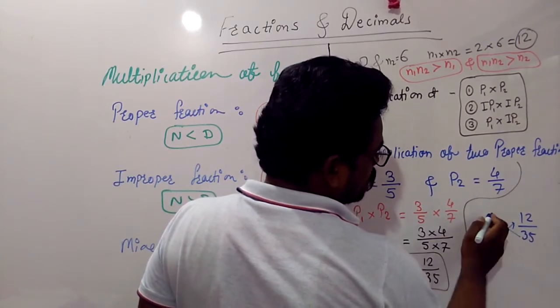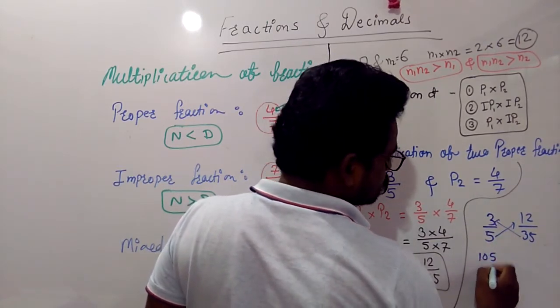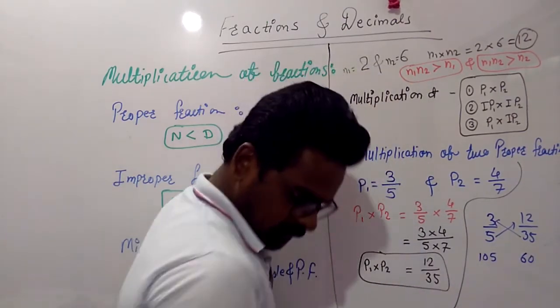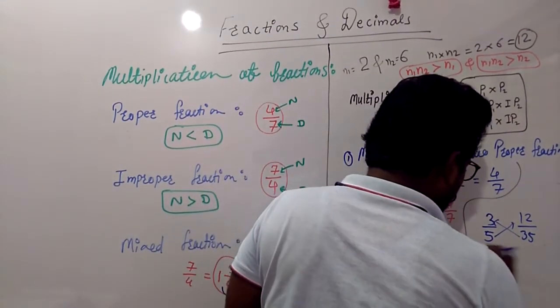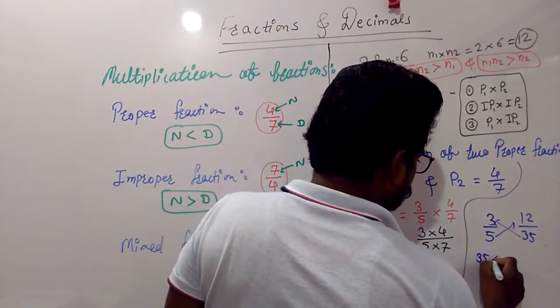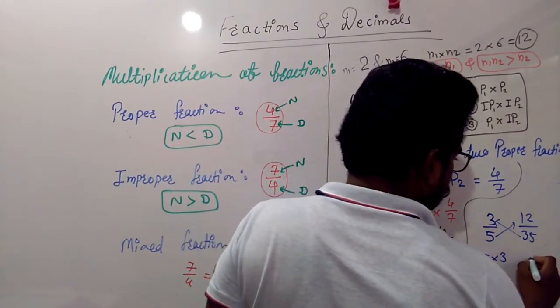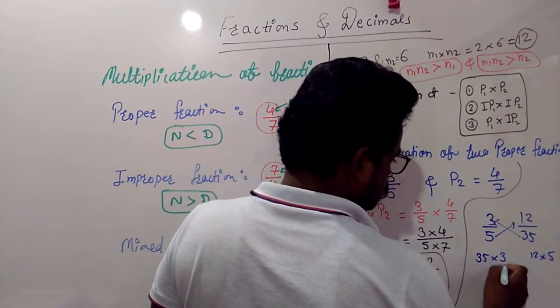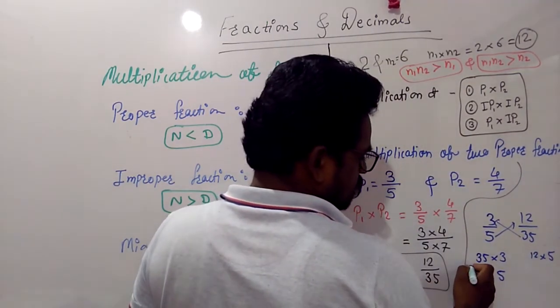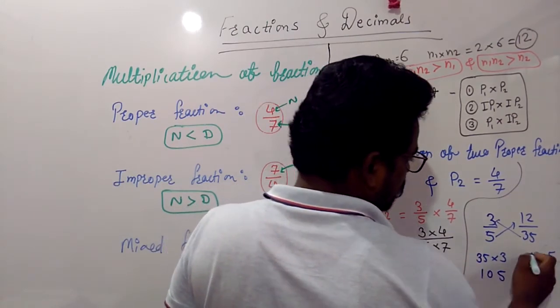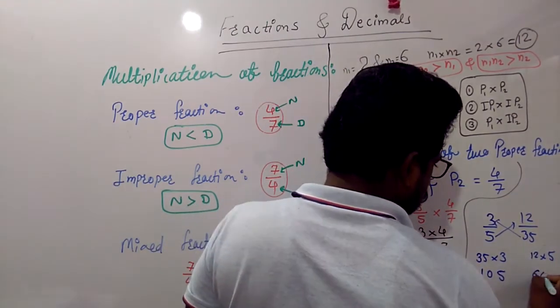So 35 3s are 105 and 12 5s are 60. I'll write it down: 35 into 3 and 12 into 5. 3 5s are 15, 3 3s are 9. 9 plus 1 is 10, so 105, and 12 5s are 60.